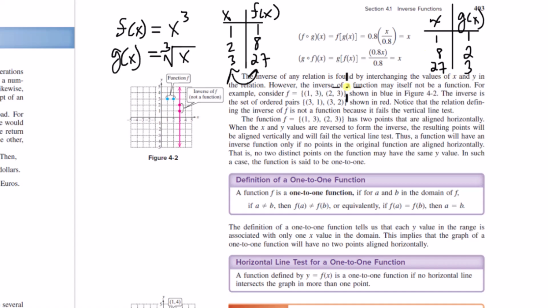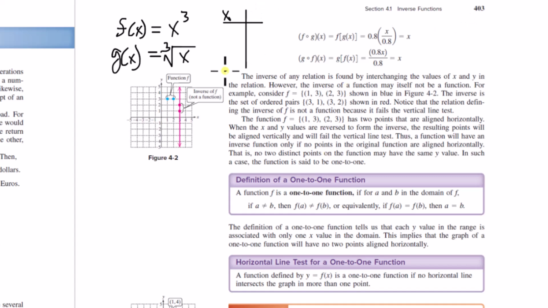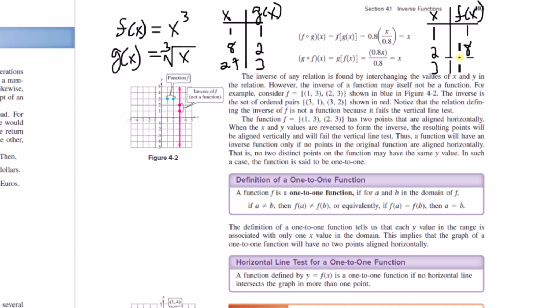So we could do the same thing with g of x: 1, 8, 27 results in 1, 2, 3. And then we could input that into f of x, 1, 2, 3, and it undoes it. 1, 8, 27. You see?